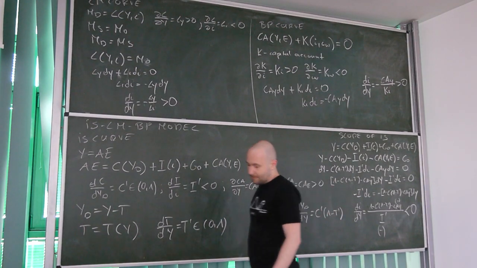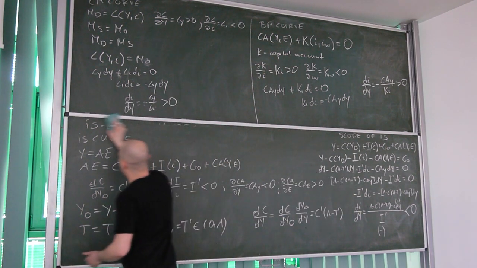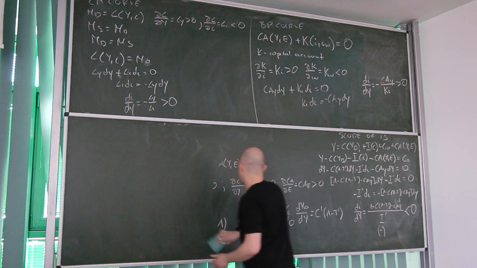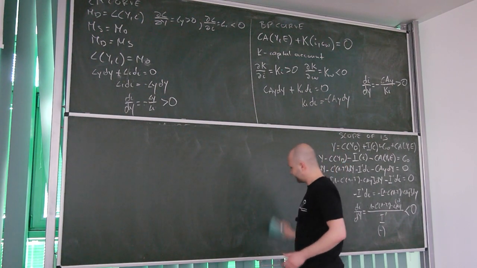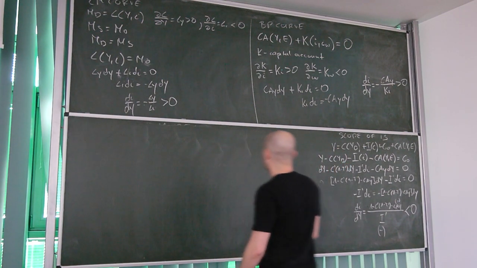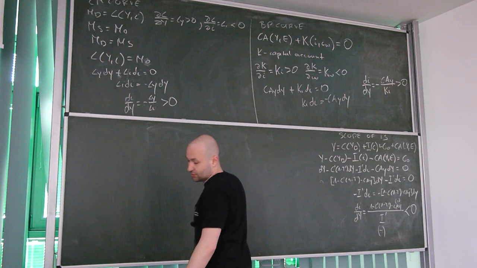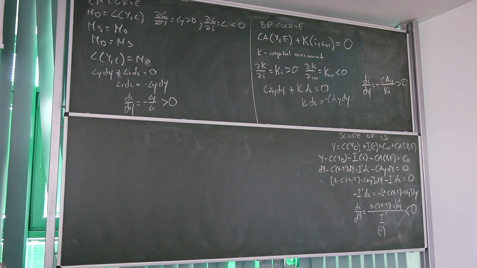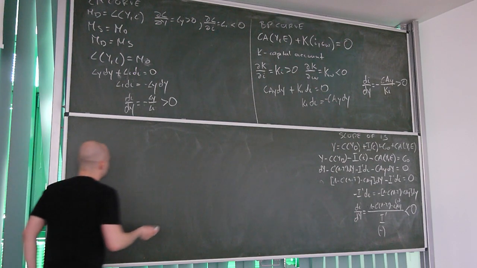Okay, so now we have the system of three simultaneous equations. Let's put them together and make sure that this system has a solution. We will use the implicit function theorem for the case of three functions.